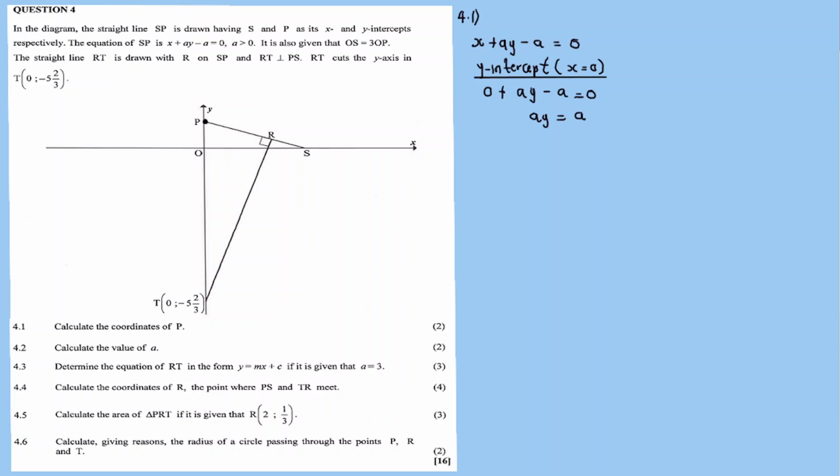You transpose that A by dividing both sides by A, I get that y is equal to 0, right? Because of the A, when we divide by A we get 1. We ended up with an actual value, y equal to 1. Therefore the coordinates for P are 0 and 1.